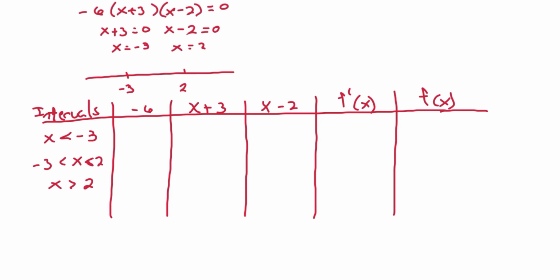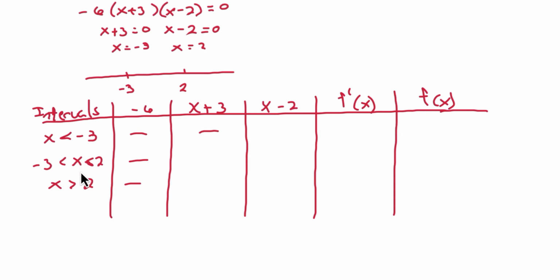So -6 will always be negative no matter which interval it lies on. Looking at x plus 3 now, to the left of -3. If we picked a number to the left of -3 and plugged it into x plus 3, we would get a negative.